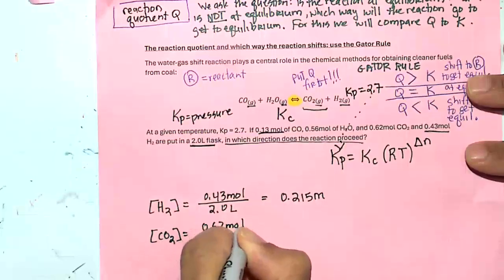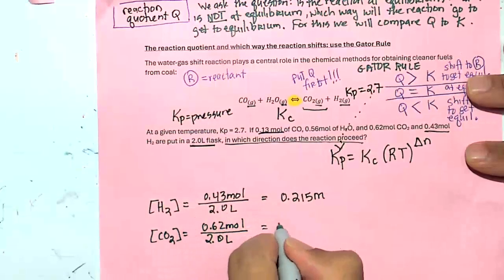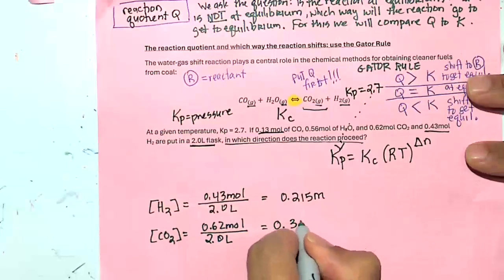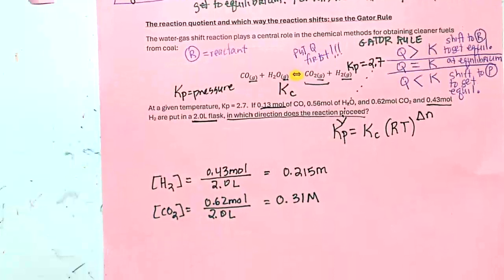CO2 is 0.62 moles divided by 2 liters, and this is going to be 0.31 molar as the concentration of CO2. If it wasn't balanced, you'd have to balance it first. Yes, very much so.